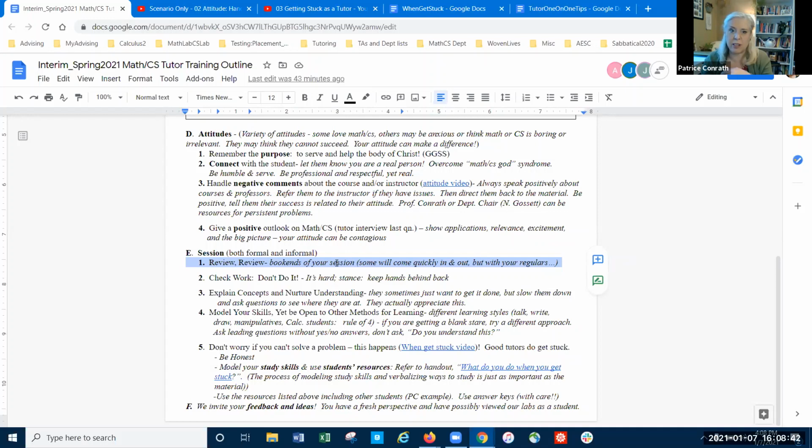The review at the end would be to pull it out of the student, and I'd say, okay, Ben, what are the two types of functions that you've learned about, the big family of functions? Linear and exponential. Great. And then I'd say, okay, for linear, what was one example of an equation that we could use for linear equations?